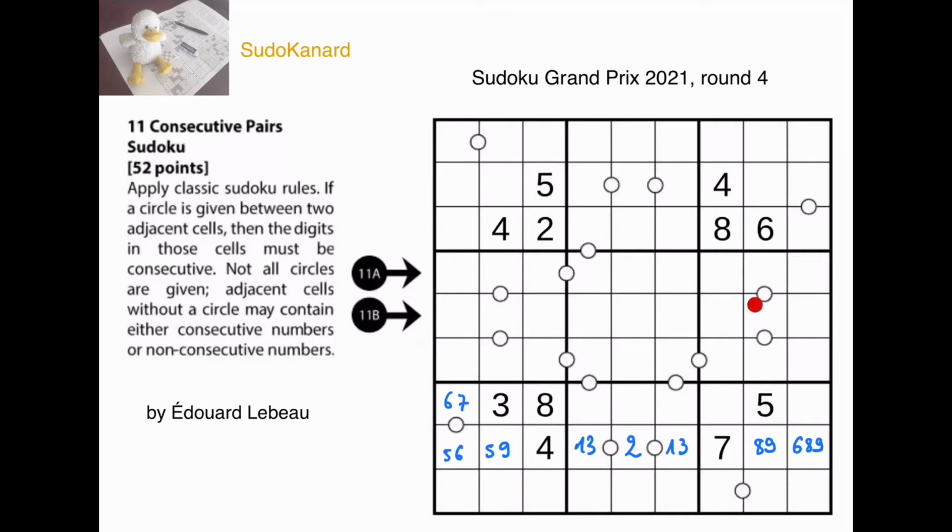Now let's have a look at this. If we didn't have this, we could have 7, 8, 9 here, but then we would have no option for this cell. So this is not 7, 8 or 9, and it means that 7 in this column must be in one of those cells. And you see that 8 is not here, so 8 has to be in one of those cells.